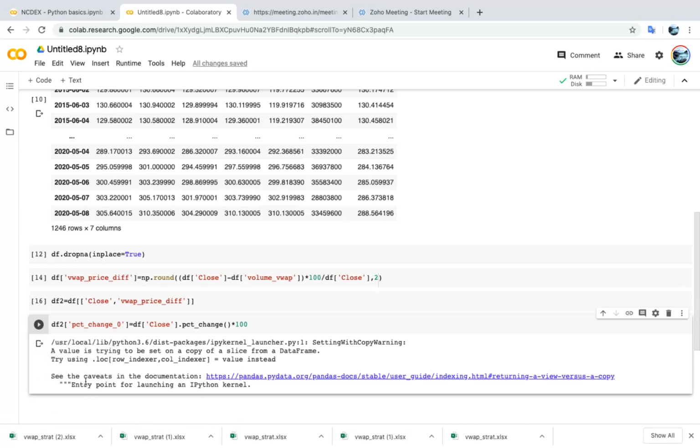See the caveat. You know why it is showing this error? Because I'm trying to assign data frame of df close to df2 data frame. df2 data frame has fewer rows. df is the bigger data set, so it should give the error. They are not compatible with each other.